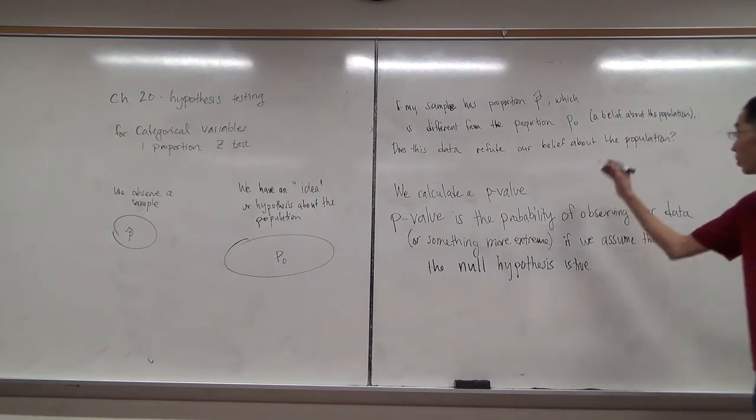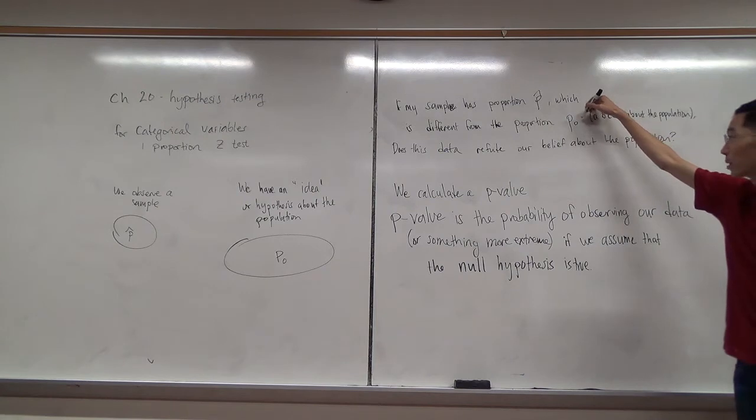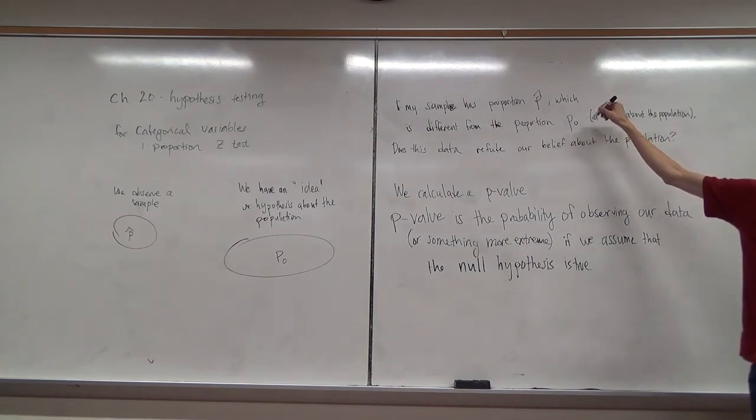The null hypothesis is basically the belief that the population has proportion p0.